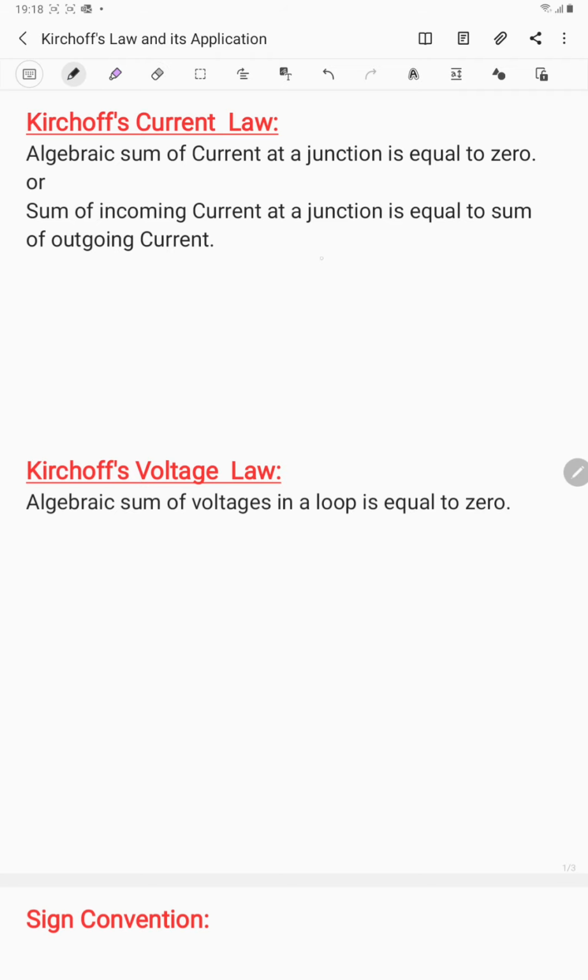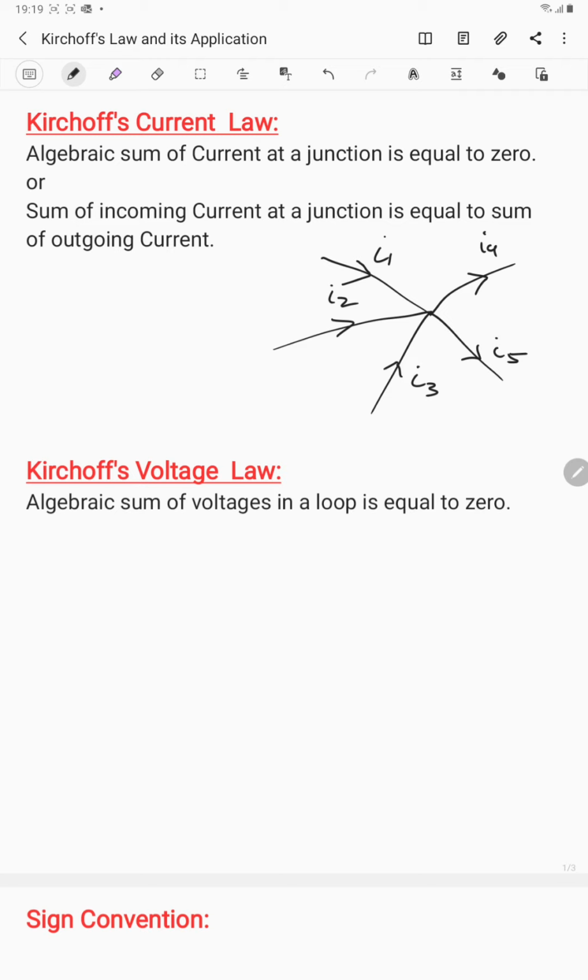A junction is a point where more than two branches are connecting. So here I have considered a junction where five branches are meeting. In this, the currents I1, I2 and I3 are going inside the junction, and the currents I4 and I5 are going outside the junction.